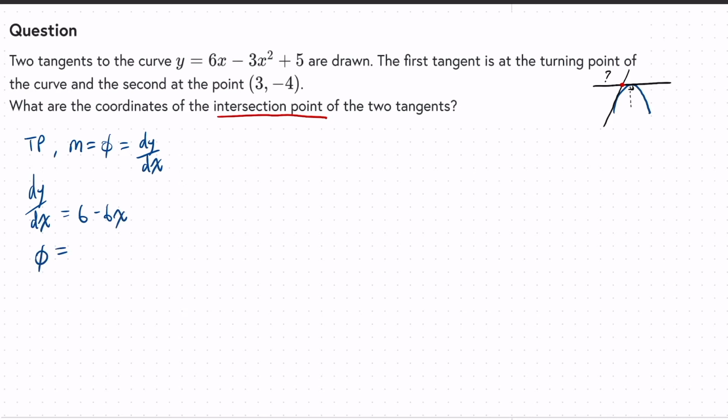Substitute in 0. A little bit of maths gives me x equal to 1. Now if I know that x equals 1, what's y? I'm going to substitute 1 into that original equation because I know that the form of a horizontal line is y equals something. So what is y when x is 1?